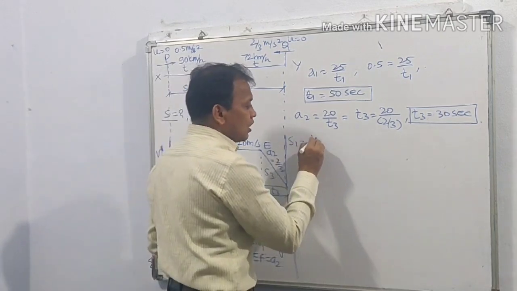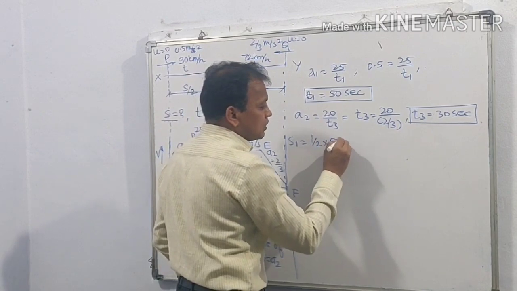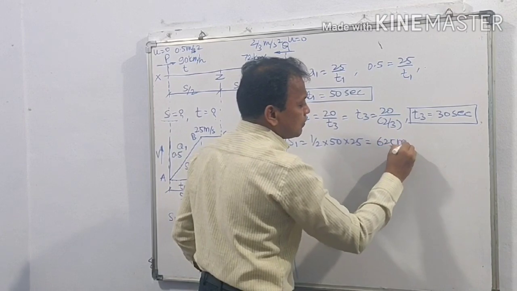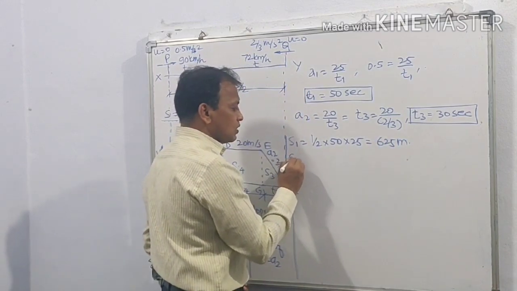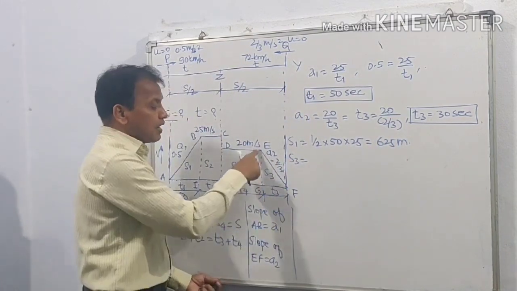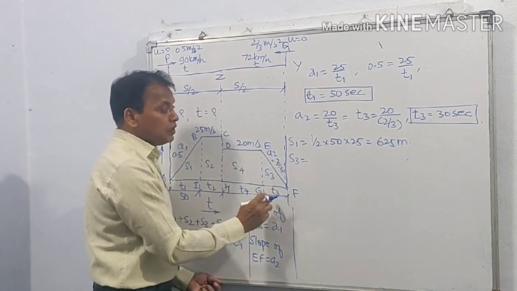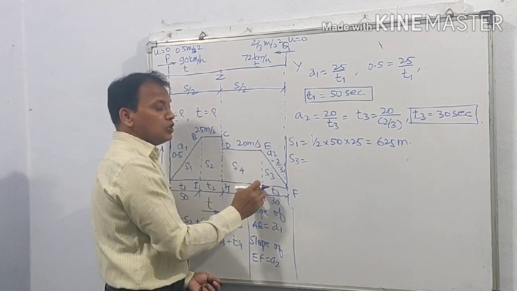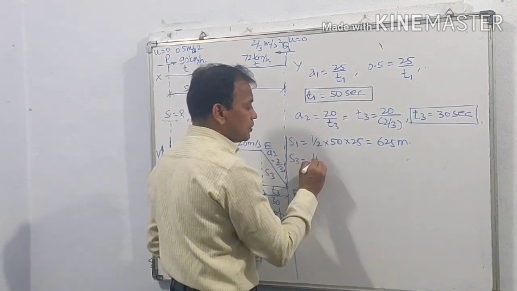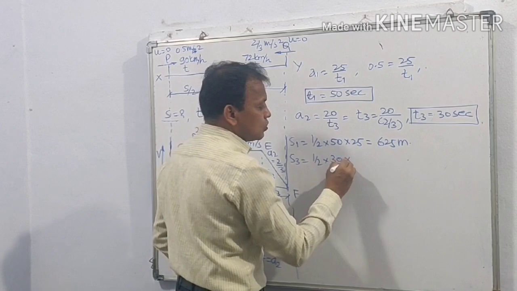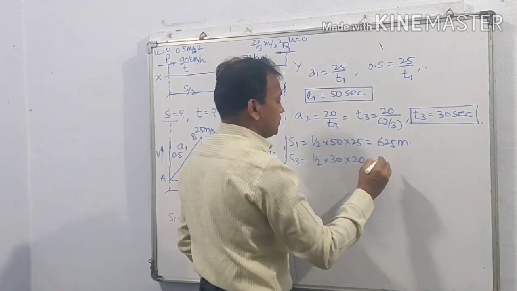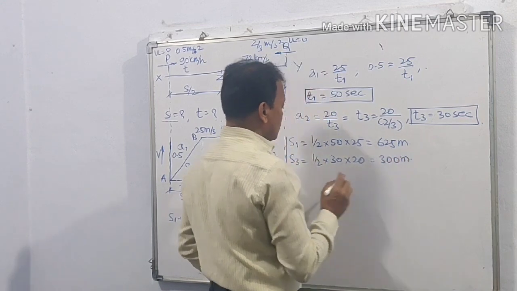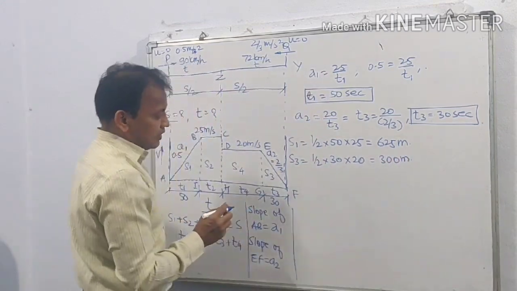So 1/2 into 50 into 25 is equal to 625 meter. This is S1. S3 is again the area of this triangle, 1/2 into T3, T3 is equal to 30, 1/2 into 30 into 20, that is 300 meter. So we have calculated S1 and S3.